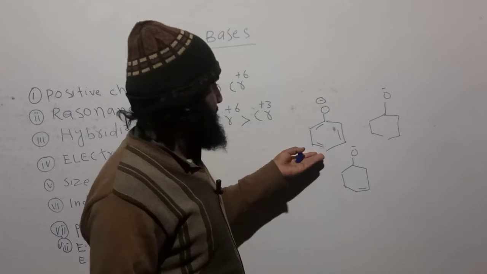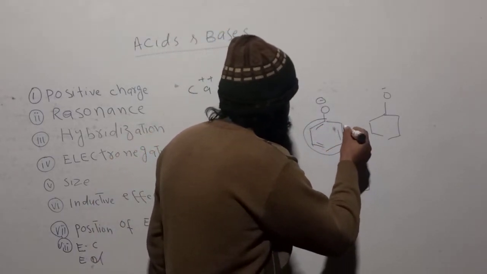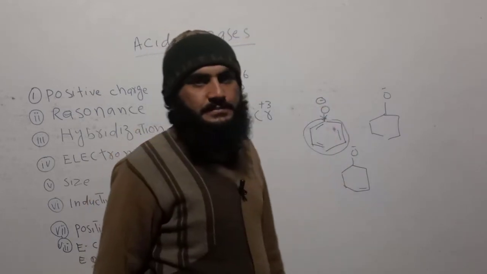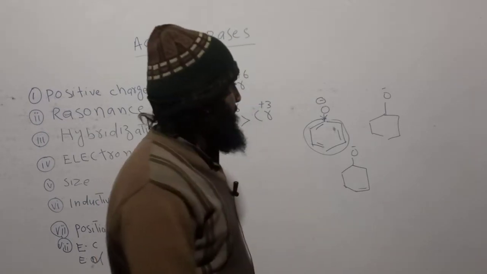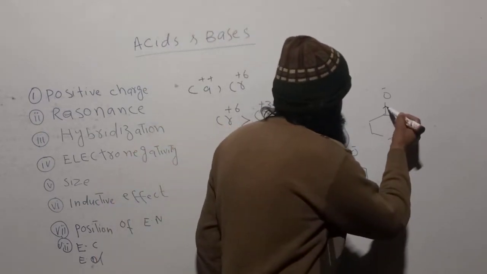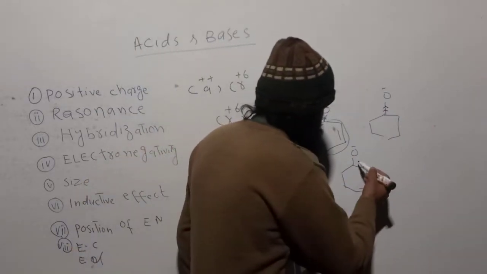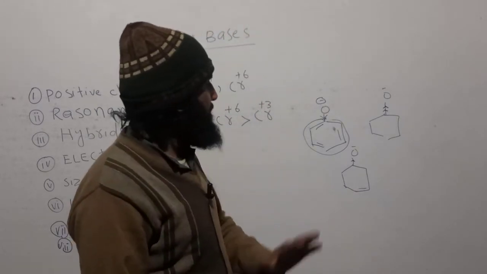You can see that this ring is an electron withdrawing group, and this ring is an electron donating group.